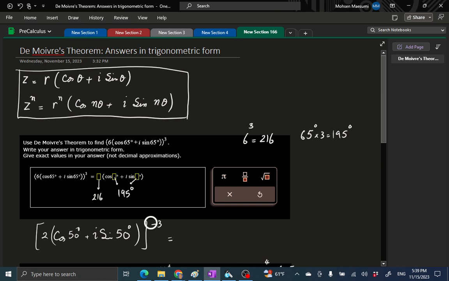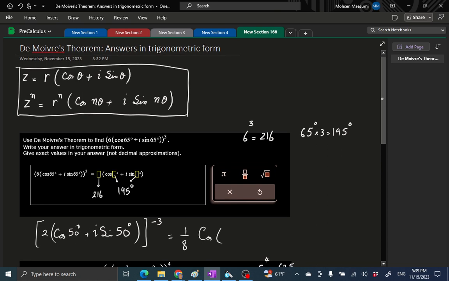Still true, 2 to the power of minus 3 is 1/8, and cosine of minus 3 times that is minus 150 plus i sine of minus 150.